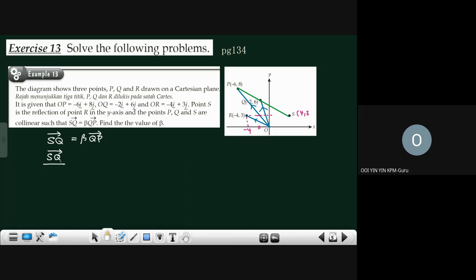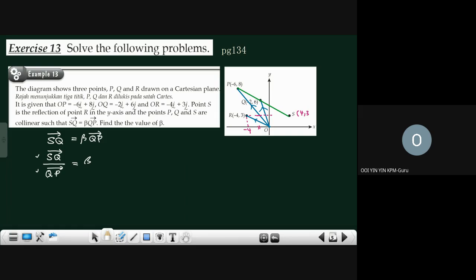That means your QB here moves to here, and SQ over QB will equal your beta. So to find your beta, we need to know our vector SQ and also vector QB. Do we have ways to find these two in the diagram? Then we have to examine the diagram.